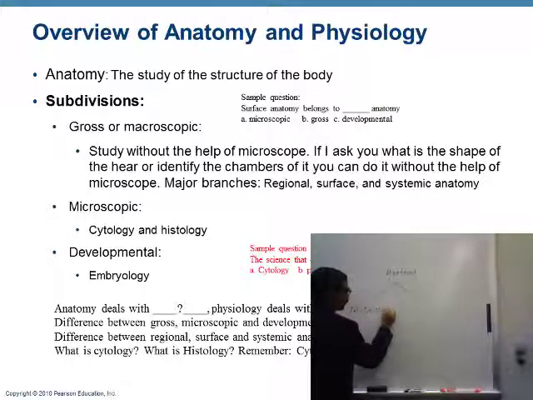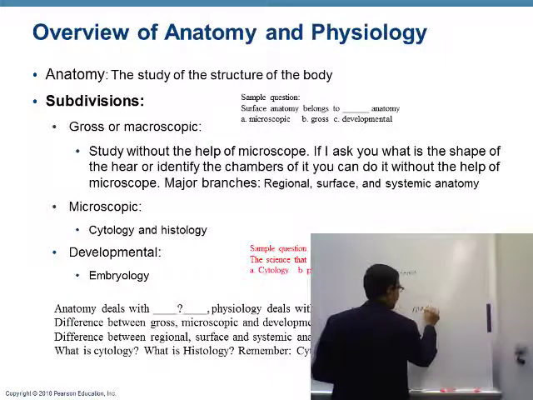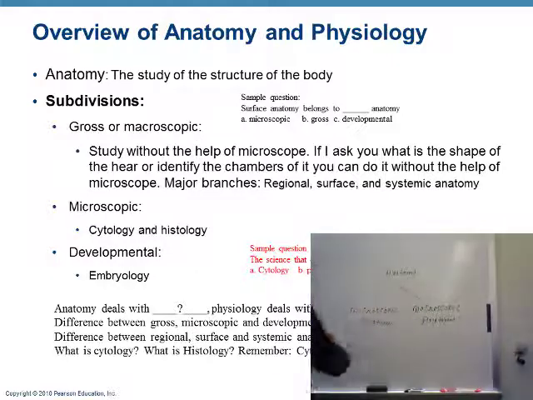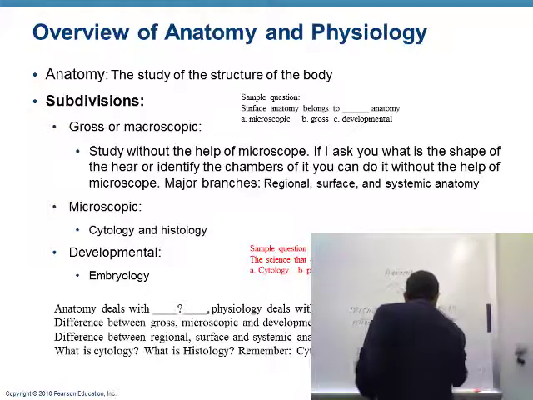Microscopic anatomy and macroscopic anatomy. Okay. Macroscopic anatomy is also called gross anatomy.